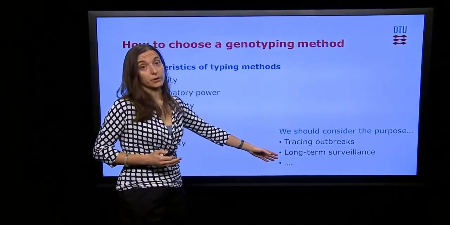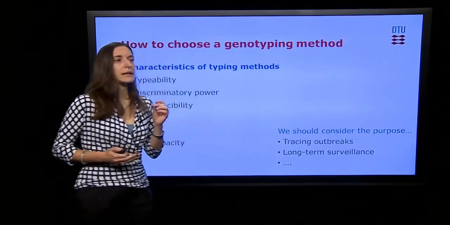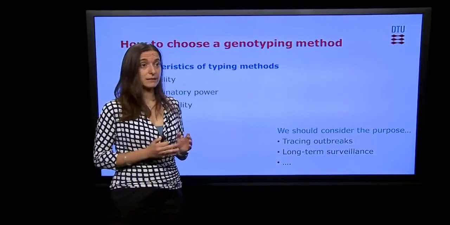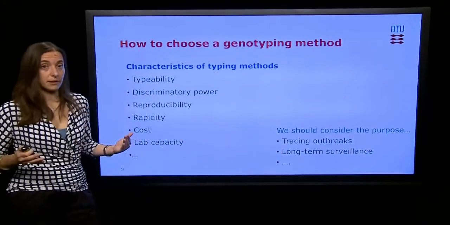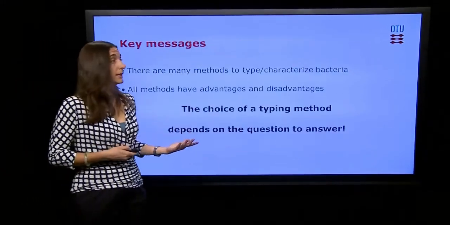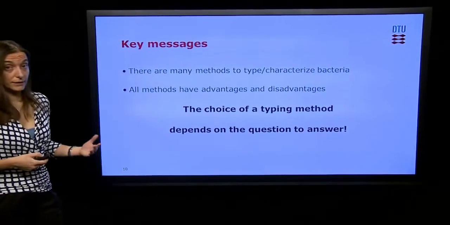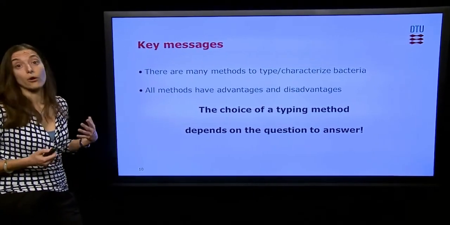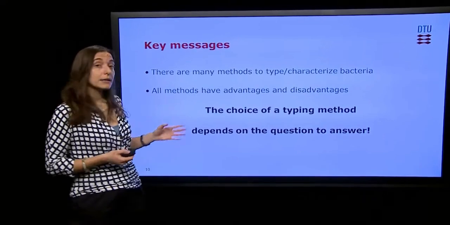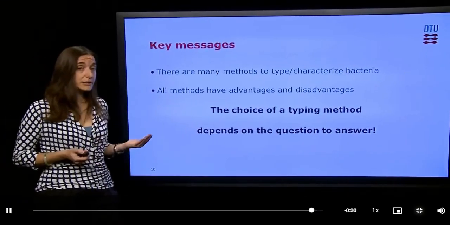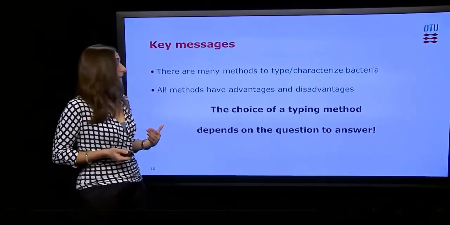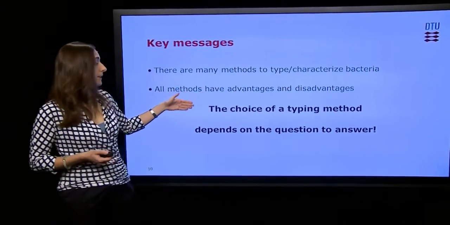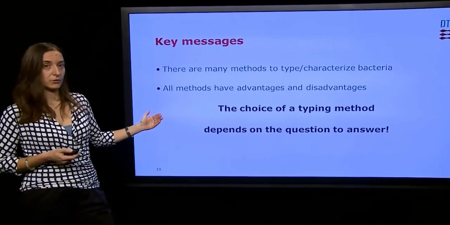If we want to perform long-term surveillance, we are not really interested in very fine differences between strains, but we want to have a more general picture. So the key take-home message of this short video lecture is that there are many methods to type or characterize bacteria, and all these methods have advantages and disadvantages. At the end of the day, the choice of a typing method depends on the question that you have to answer.